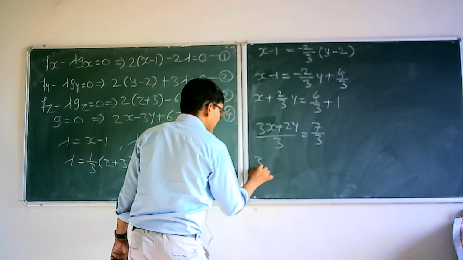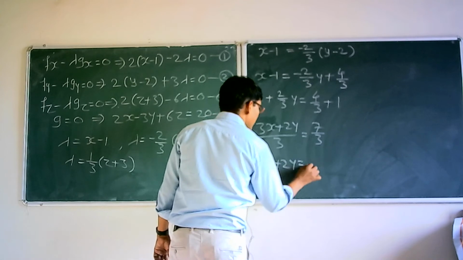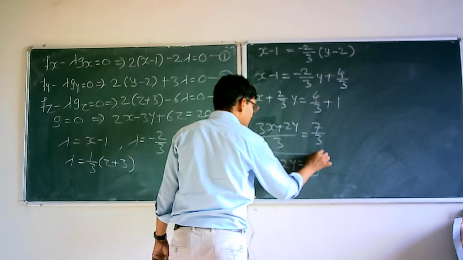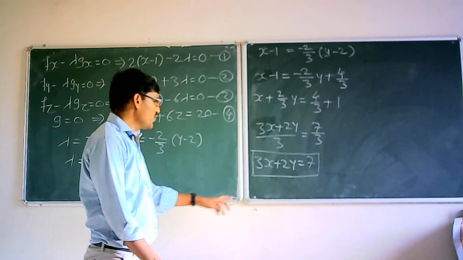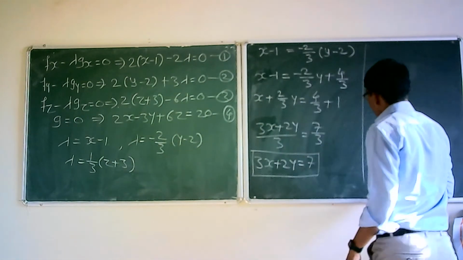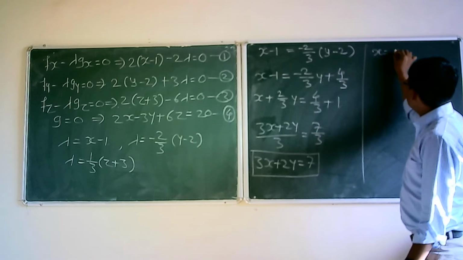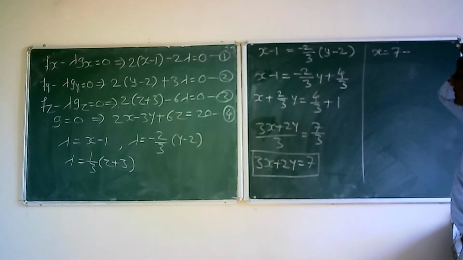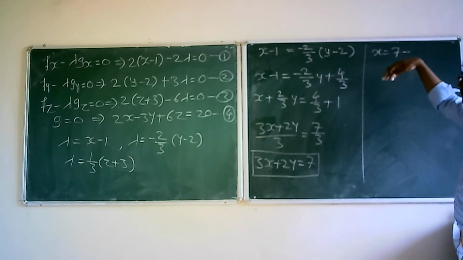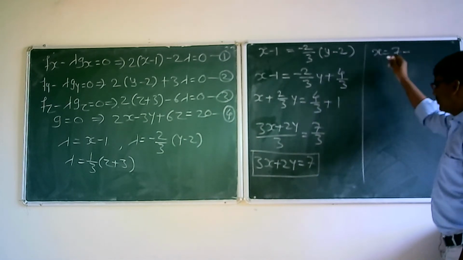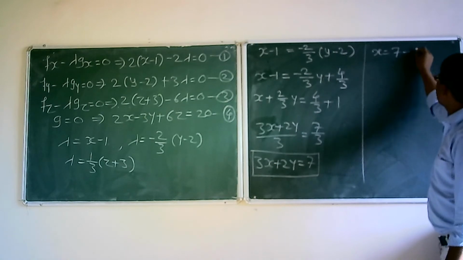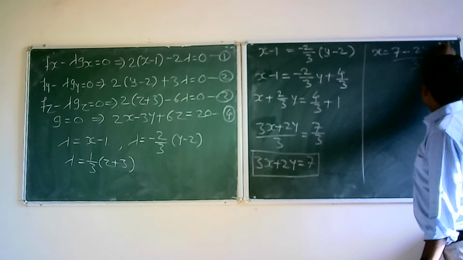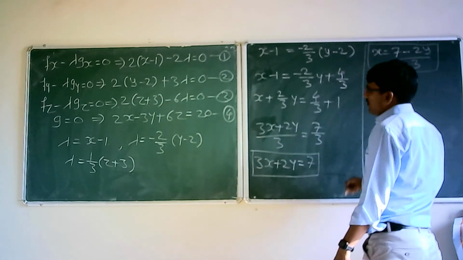The 3 gets cancelled, so 3x plus 2y is equal to 7. From this we obtain x is equal to 7 minus 2y divided by 3. So this is one relation between x and y.